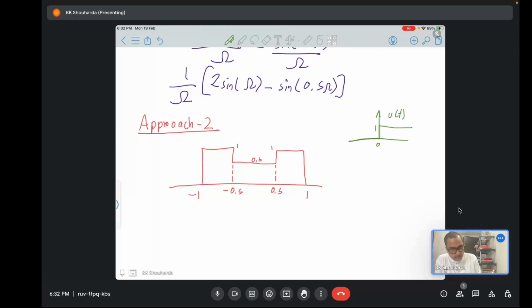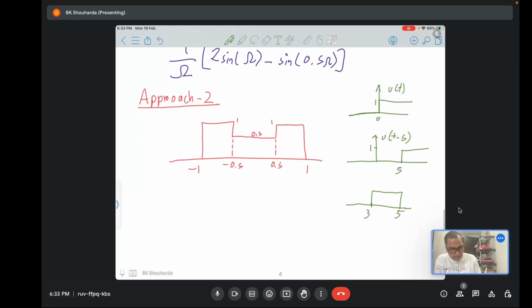If my signal u(t) shifts to start from a different point, let's say 5, it becomes u(t minus 5), and it keeps going on forever. Now if I want to make a pulse that starts at 3 and ends at 5.